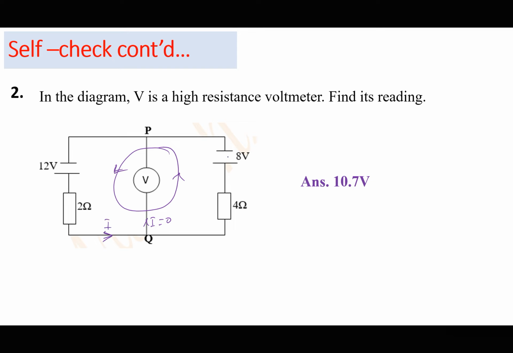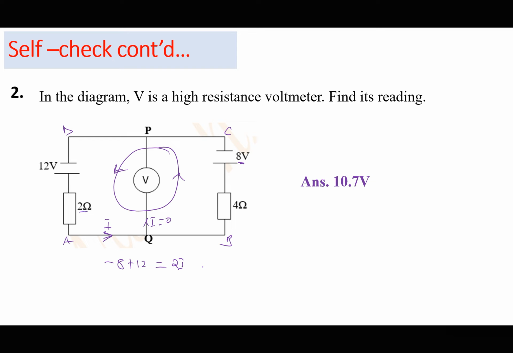So putting in such a loop, moving anticlockwise from A to B to C, the EMF here is negative 8. D to A, the EMF is positive 12, should be equal to the PDs. The current through 2 ohms is still I, so it is 2I.